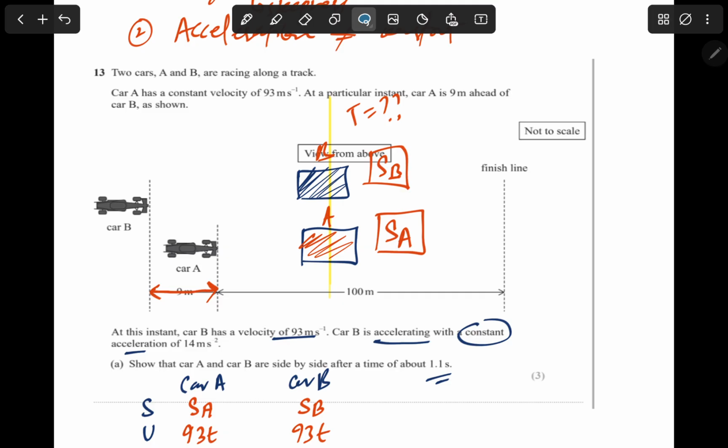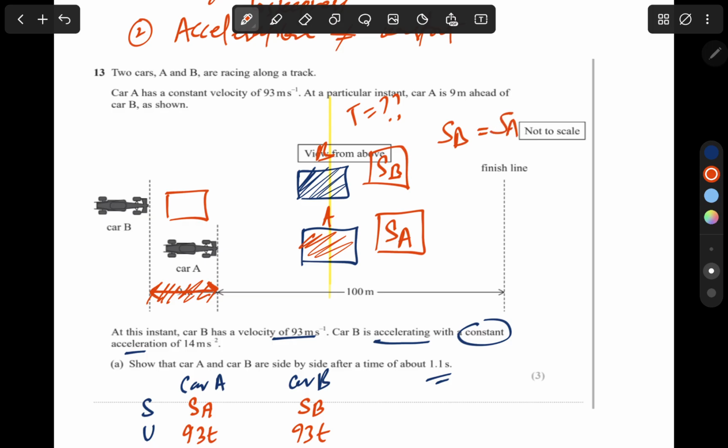At this point, whatever their distance is, car B traveled 9 more than car A.